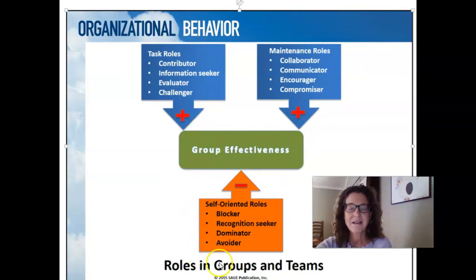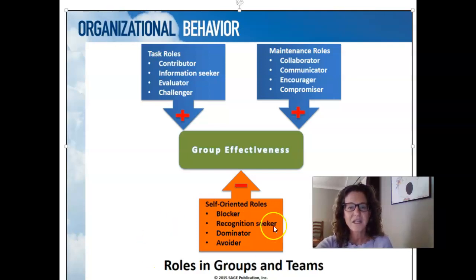At times, we might have team members who are more focused on their own goals than on the team's goals or the organizational goals. Those self-oriented goals can be individuals who try to block the team's performance, who try to get team leaders or outside leaders to focus on themselves rather than the team as a whole, who dominate the discussion, or who are avoiding the discussion by communicating non-interest or lack of desire to contribute.